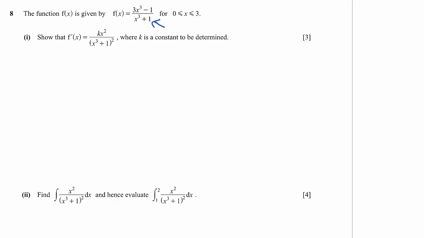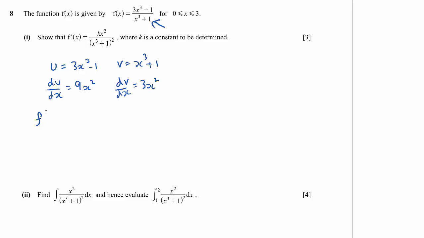And so what I'm going to do is write u equal to 3x cubed minus 1 and v is x cubed plus 1. Then du dx would be 9x squared and dv dx will be 3x squared.